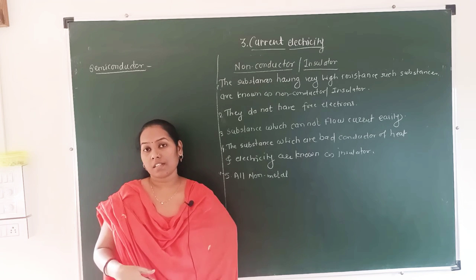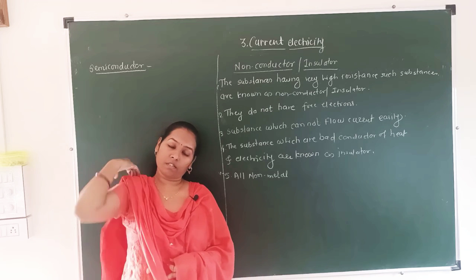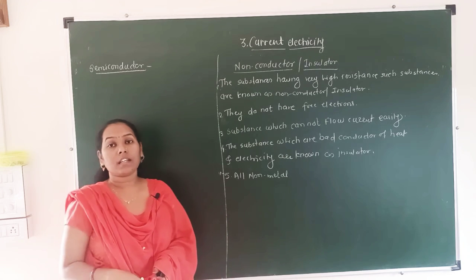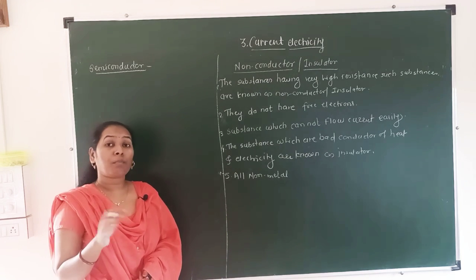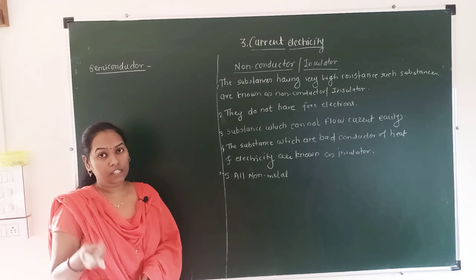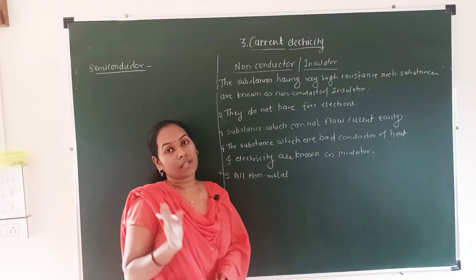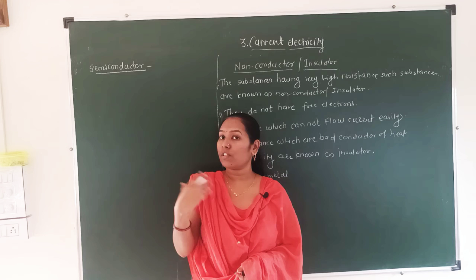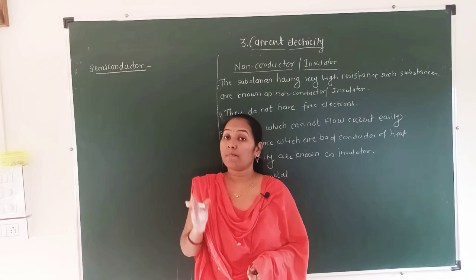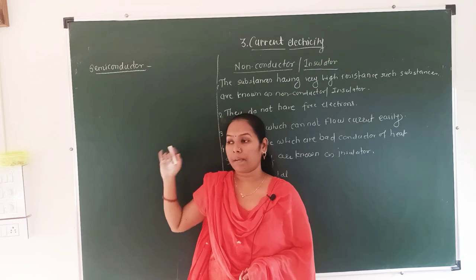Non-conductor: the substances showing very low capacity for heat and electricity. Semiconductors are the substances which have both the characteristics of conductor and non-conductor, that is insulator. Such substances sometimes show the property of a conductor and sometimes the property of a non-conductor.